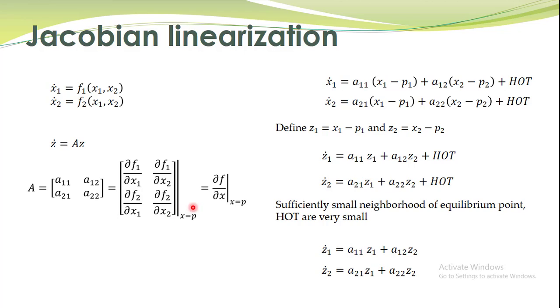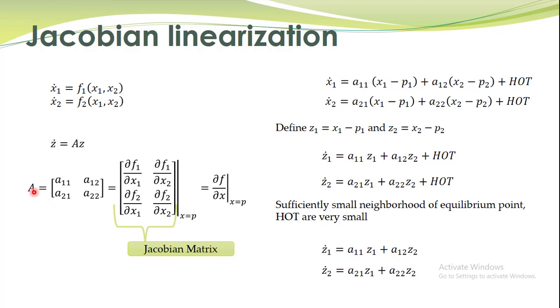A short notation for this one is partial derivative of f with respect to x. Here f is a vector and x is a vector, so partial derivative of a vector with respect to a vector will be a matrix given by this expression, and this thing evaluated at the equilibrium point, that is some constant matrix A.